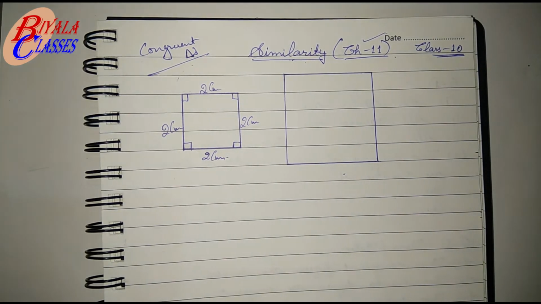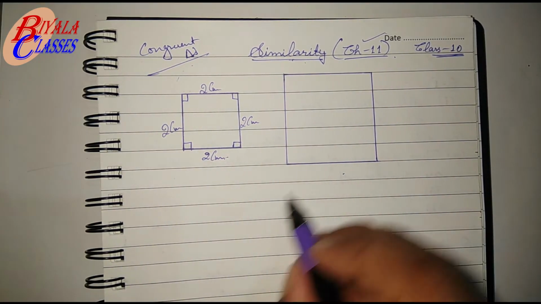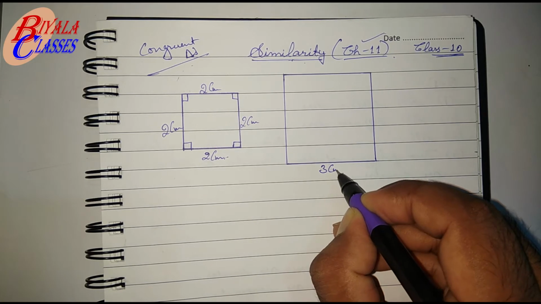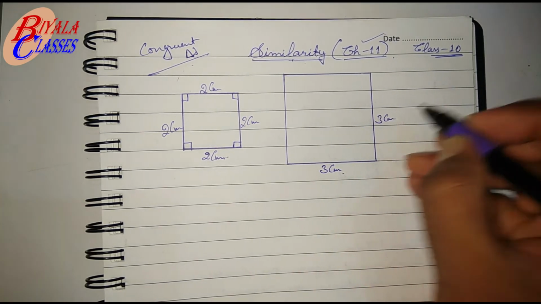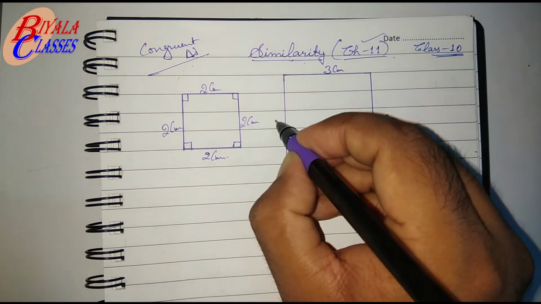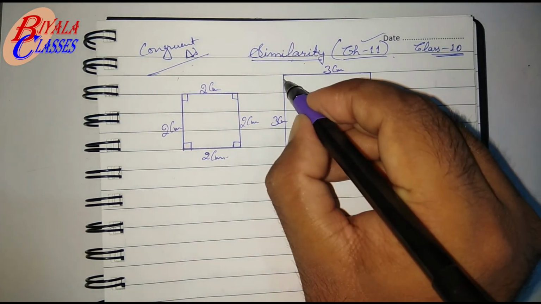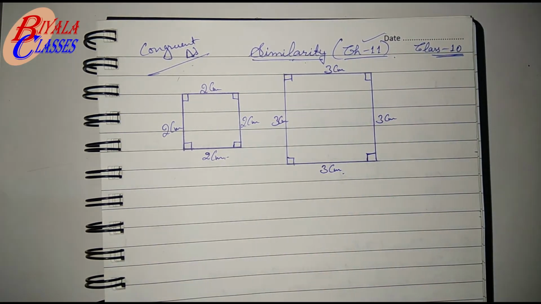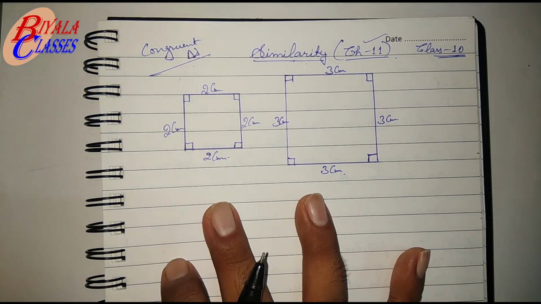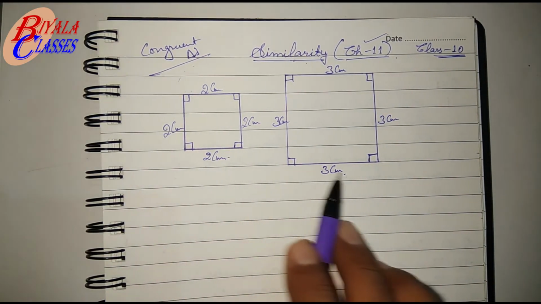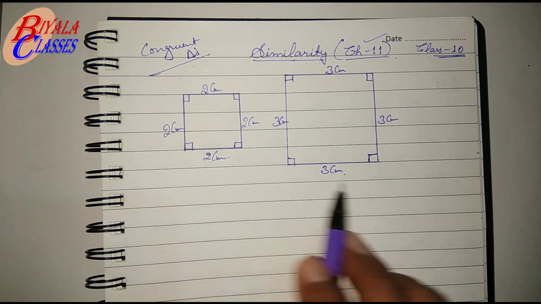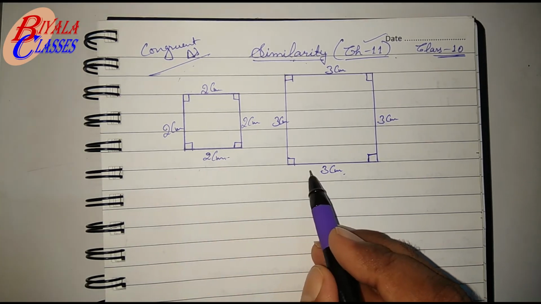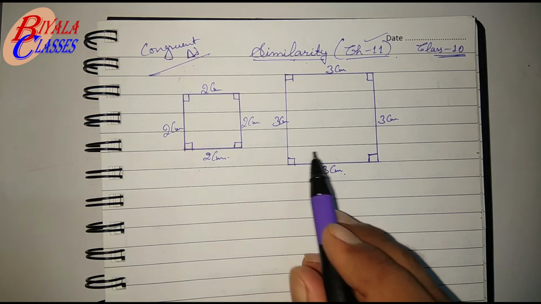Now the second one, suppose I take it as a square of side 3 centimeters, and again being a square, each angle is 90 degrees. These both are squares but they have different sides. This is a square of 2 centimeters, whereas this is a square of 3 centimeters. These two squares are similar to each other.